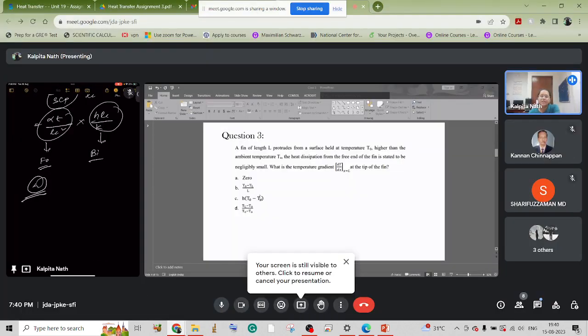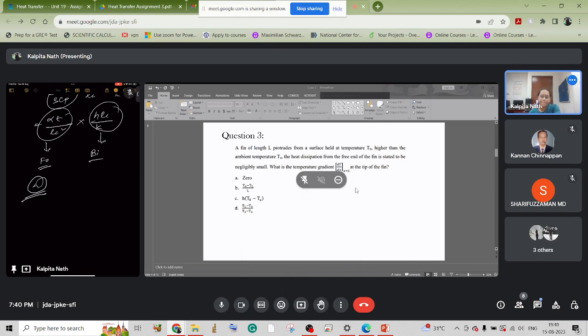Anyone is having any doubt in order to understand this question? Yeah, it's option A. There is nothing to understand here, as the heat dissipation from the free end is negligibly small.